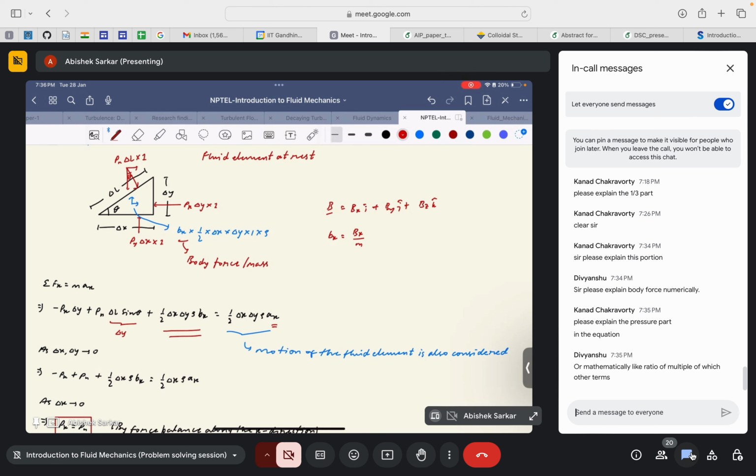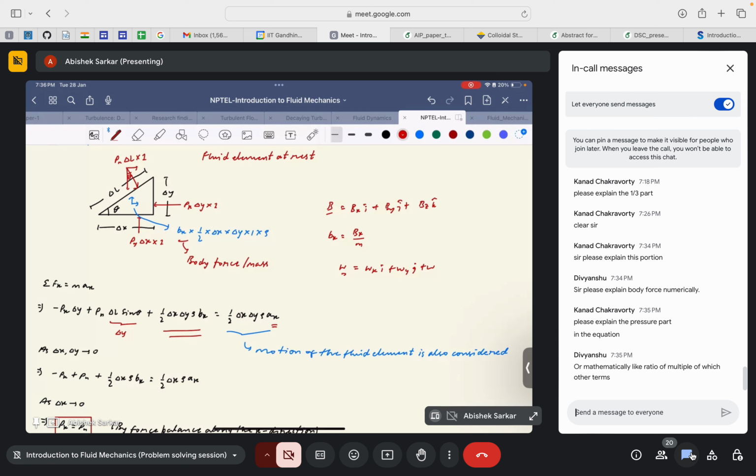Or say if you are considering the weight of the body. Not weight, I'm just saying the body force because of gravity.